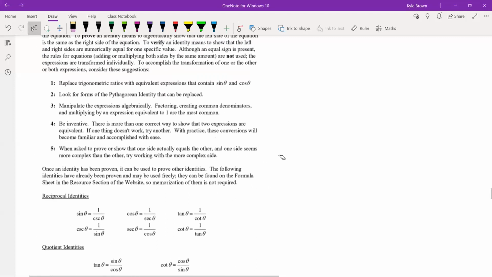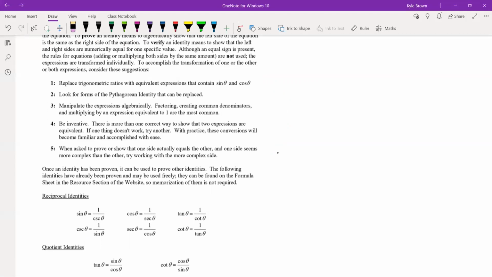So here are some suggestions of how to proceed when we're doing these identity questions. Number 1 says replace trigonometric ratios with equivalent expressions that contain sine and cos. So we want to break it down into the simplest form we can. I don't like thinking in terms of cosecant, secant, or even tan and cotan. It's hard for me to picture what's going on there.